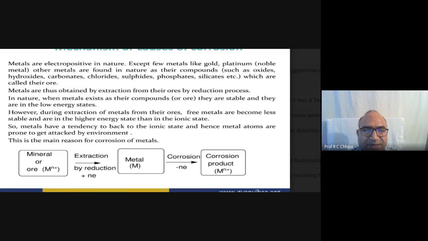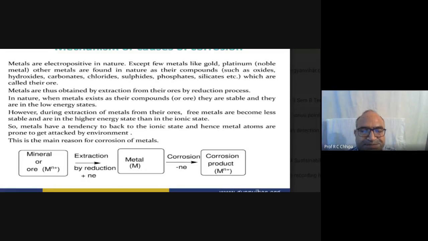With the help of the reduction process, we get the metals. In nature, when metals exist in their compounds or ores, they are stable and in a low energy state. This is a well-known fact.